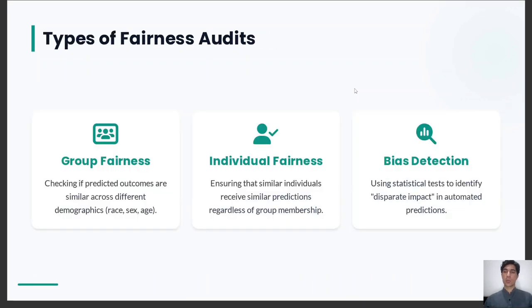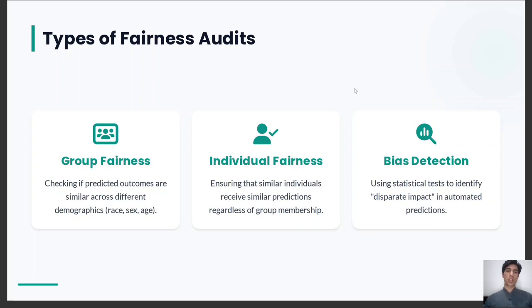The first is group fairness, in which we audit our model against different groups of people to ensure that the model predicts or behaves the same across different demographics. And then there is individual fairness, which ensures that similar individuals with similar clinical markers receive similar predictions regardless of their group or demographics.